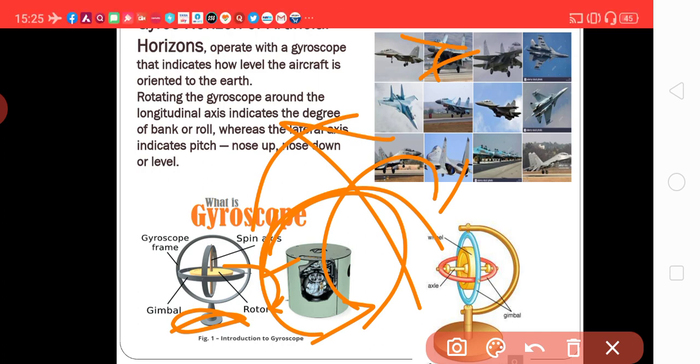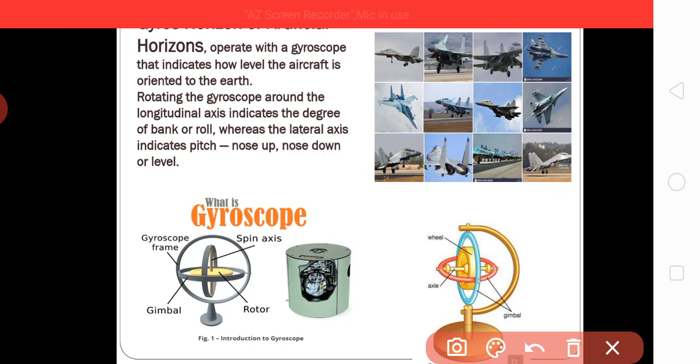This is a pitch down, nose down tendency, nose up tendency. Then it is rolling and climbing, again pitch up. These are various positions: it is turning, making a turn, banking and turning.